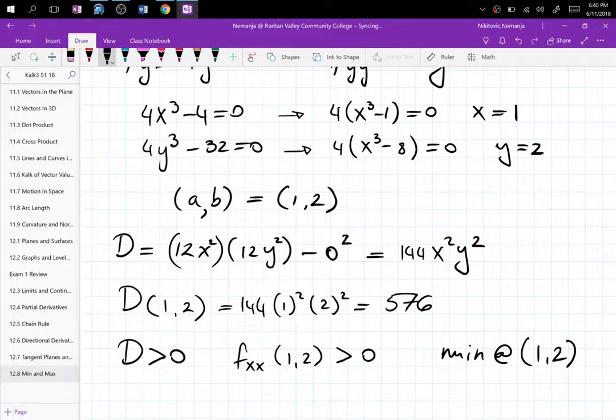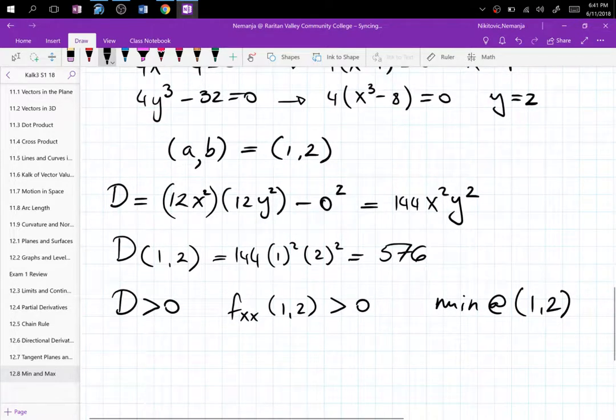Remember, z value is the elevation of the function, right? Where the stuff you are walking on z equals 0, ceiling is z equals 10. Those are all z values, right? Z equals f of x,y. So we know it's a minimum. Now you can go back to the original equation, plug in 1 and 2 and get the z, and then you will know what the minimum value is. And then you will say 1, 2, whatever you get.